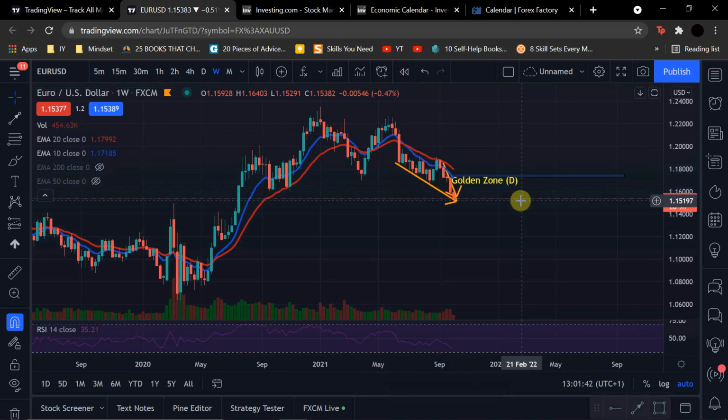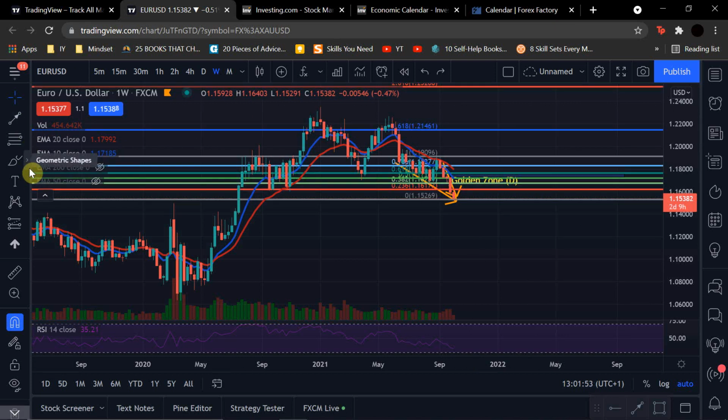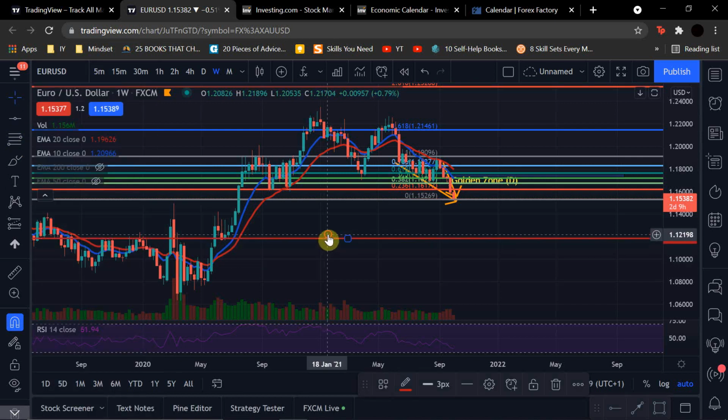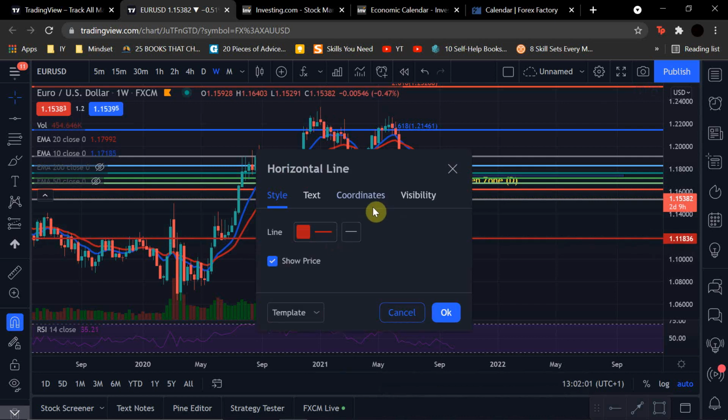What level is that? No, 1.6 is there, 1.4 is there, 1.5 should be here. Okay, so let me bring the Fibonacci back. .5.